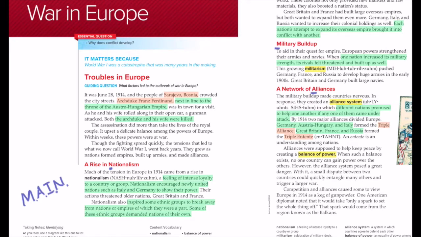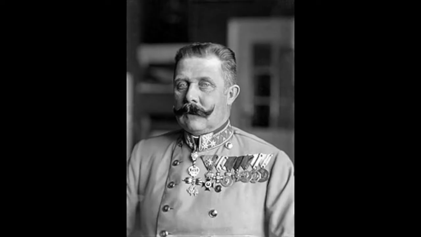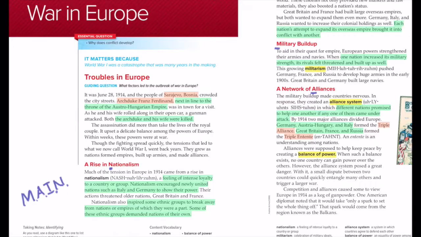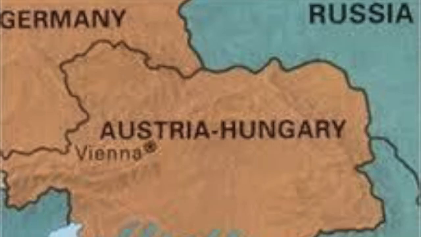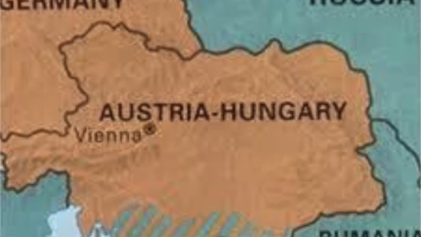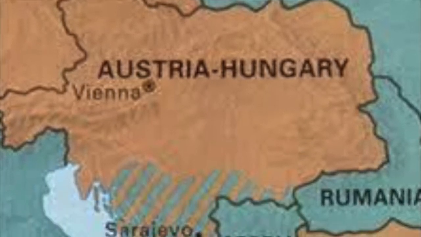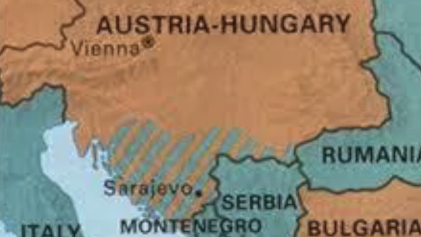And their leader, or the person who's going to be taking over soon, Ferdinand, was visiting a city called Sarajevo, which is in Bosnia. And this was an area that was controlled by the Austro-Hungarian Empire.